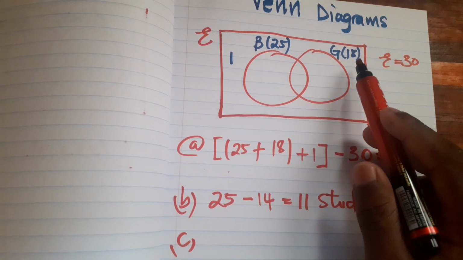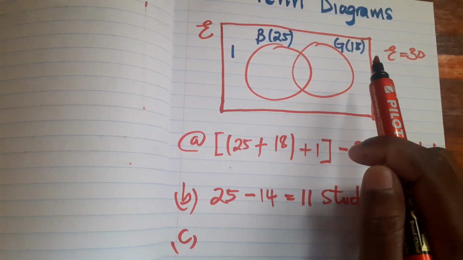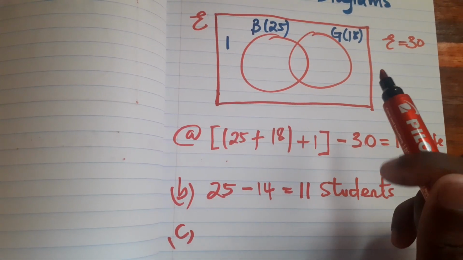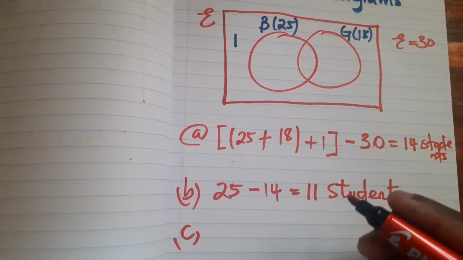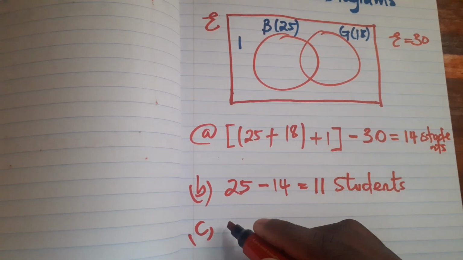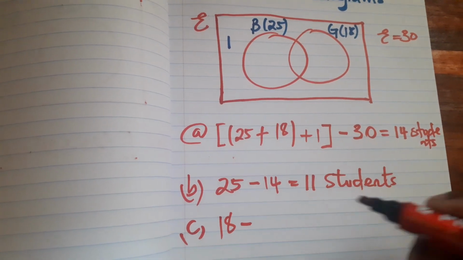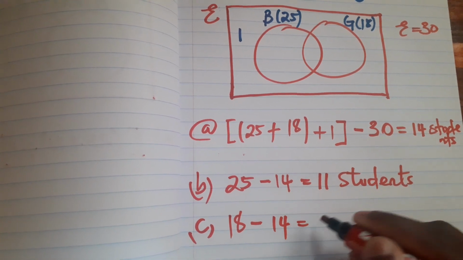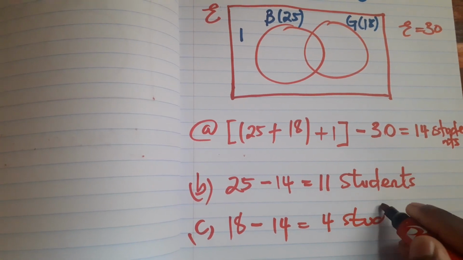But of this 18, there are those that are doing biology and geography, and there are those that are doing only geography. Now the question is asking us to determine only those doing geography only. Since the total number of students doing geography is 18, and those doing both geography and biology are 14, we subtract that, and we get 4 students.